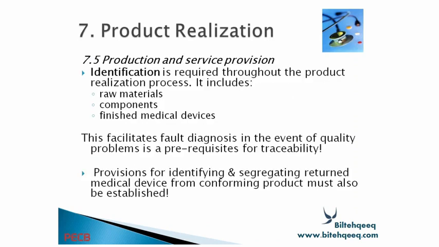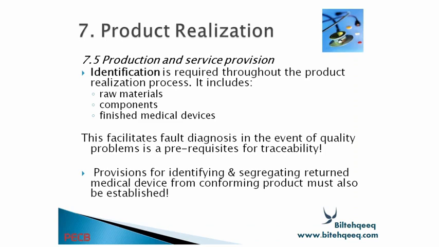Production and service provision is the same as in ISO 9000. Identification is required throughout the product realization process. It includes raw materials, components, and finished medical devices. Facilities that facilitate fault diagnosis in the event of a quality problem are a prerequisite for traceability.